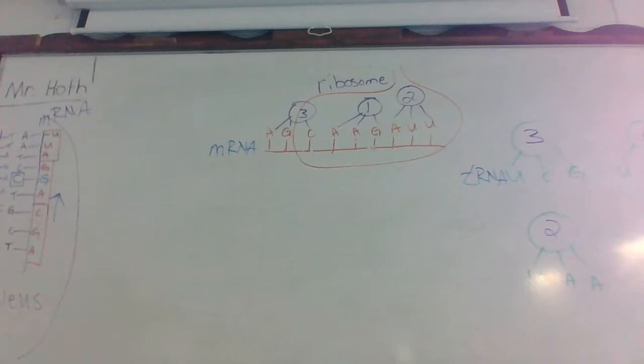So, what are the three types of enzymes we've talked about? Enzymes. You've got the right idea, but you're giving me nucleotides. Oh, helicase. That's one. DNA polymerase. That's two. And then RNA polymerase.